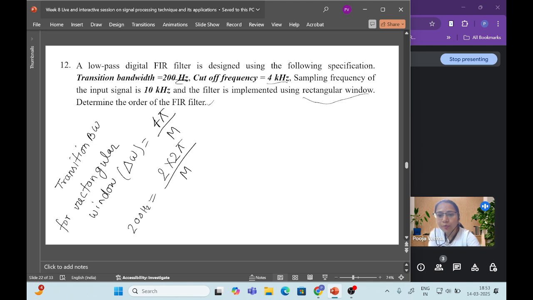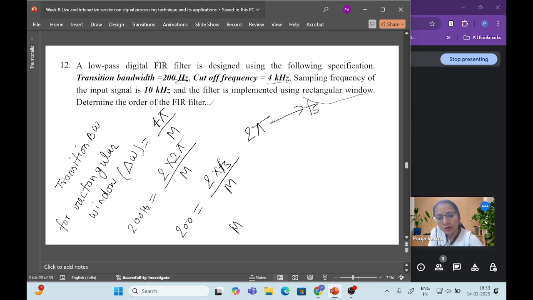Now here we need to determine M, because we have to determine the order of the filter. If you have gone through the video lectures, sir has defined 2 pi equal to fs, the sampling frequency. So you will get 2 into fs divided by M. Here fs is given, that is 10 kilohertz.